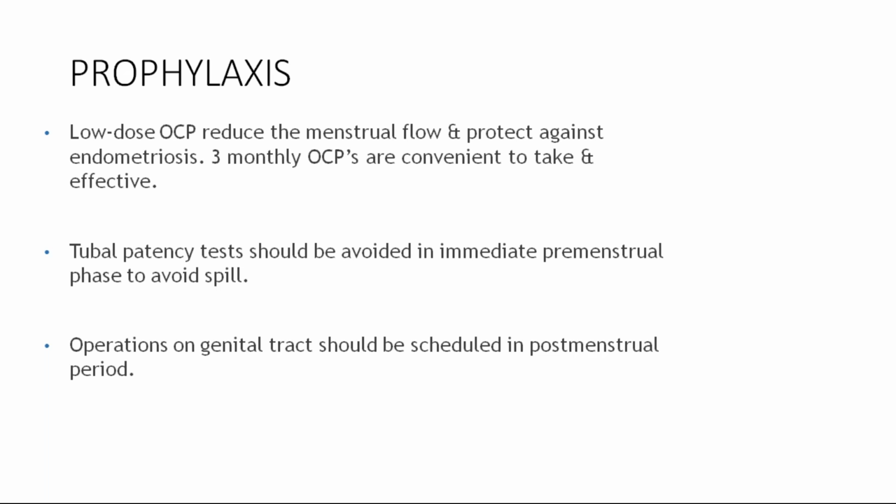And operations on the genital tract should be scheduled post-menstrually. During or just before menstruation, if you do some surgeries on the genital tract, again there is more chance of retrograde implantation. So if you plan these surgeries after menstruation, there is a lesser chance of the patient developing endometriosis.